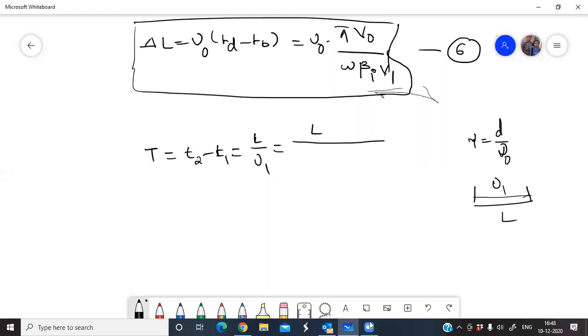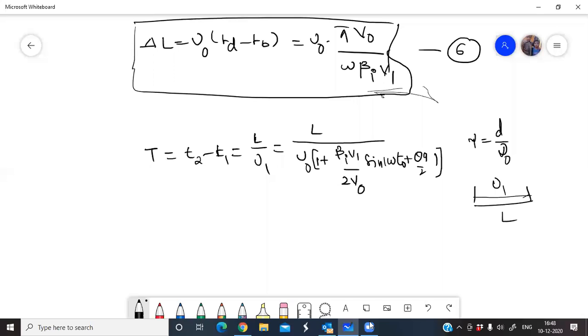What is V1? Once again, you have to write 1 plus beta I V1 by 2 V naught into sine of omega T naught plus theta Z by 2. That's it.